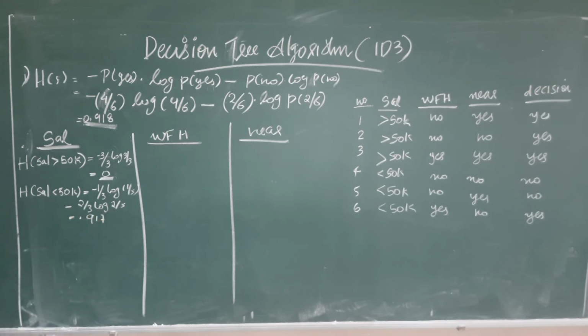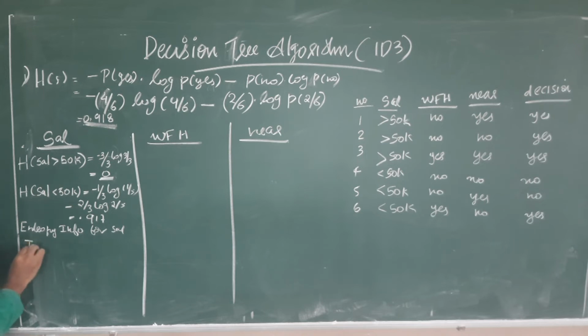Now what you have to do is find the average entropy information. You have to find entropy info, the entropy information for salary, info for sal. So how do you find it?